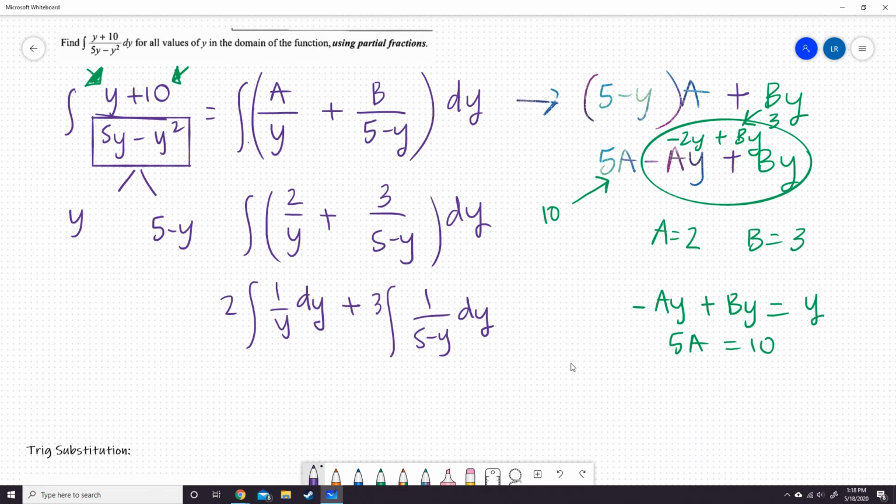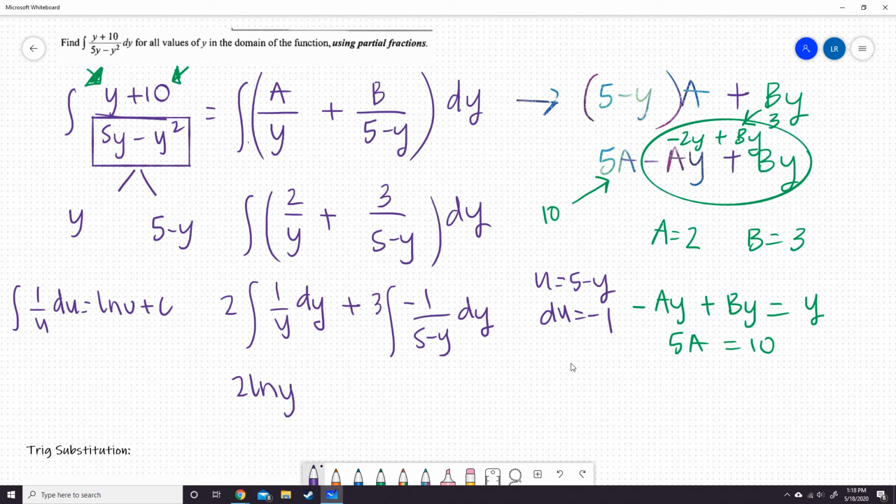And then I could use logs, because the integral of 1 over u du equals ln|u| + C. If my u is y, my du is 1, so this becomes 2 ln|y|. This one's a little bit trickier because my u is going to be 5 - y, making my du -1. So I would have to add a negative here, and in turn add a negative here. So I'd have minus 3 ln|5 - y|, plus C. And I'm done.